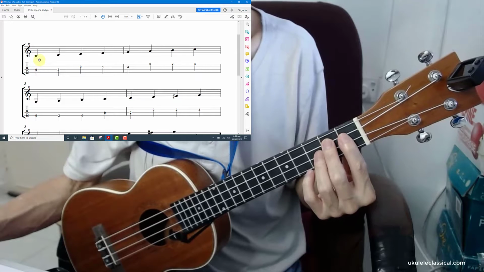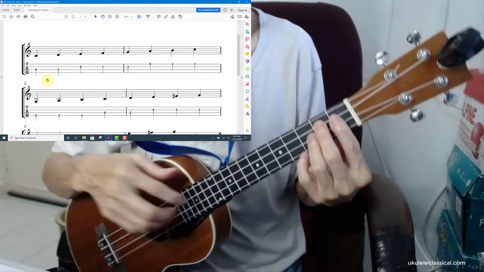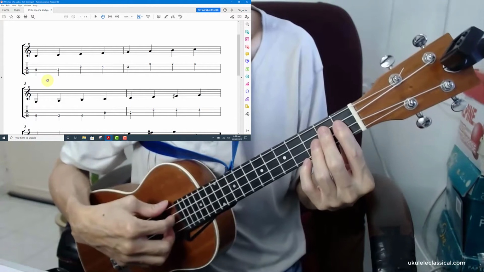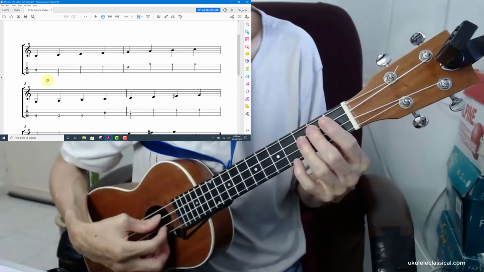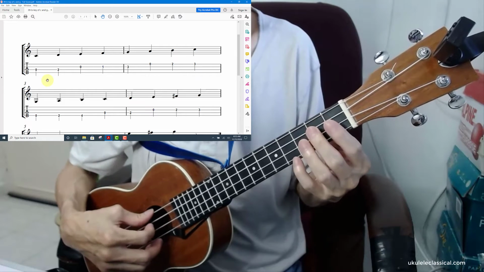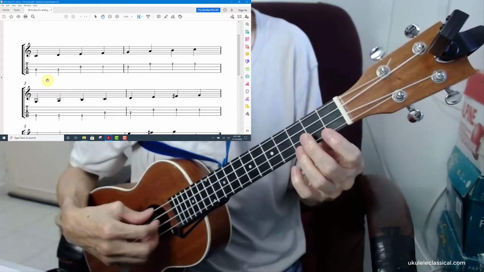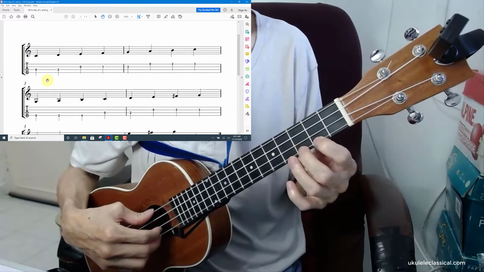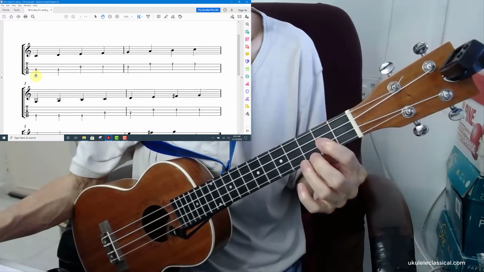So as you can see here, this is the key of C, and if you were to play this out, you will hear the familiar Do, Re, Mi, and so on. This is C, D, E, F, G, A, B, C. Okay, one more time from the first note here.